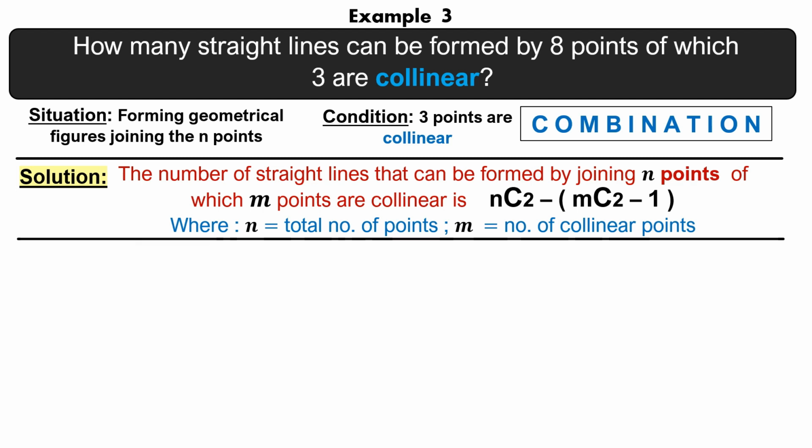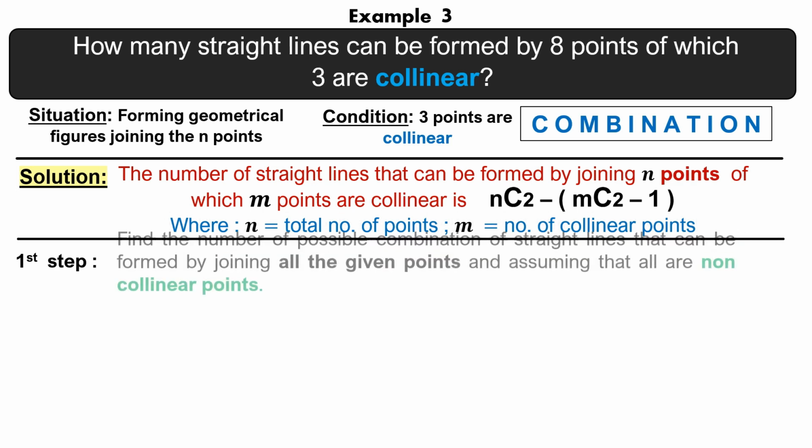However, bago natin i-apply ito directly, we still need to know how the formula works in this problem. So these are the following steps that we can consider in solving for this kind of problem.